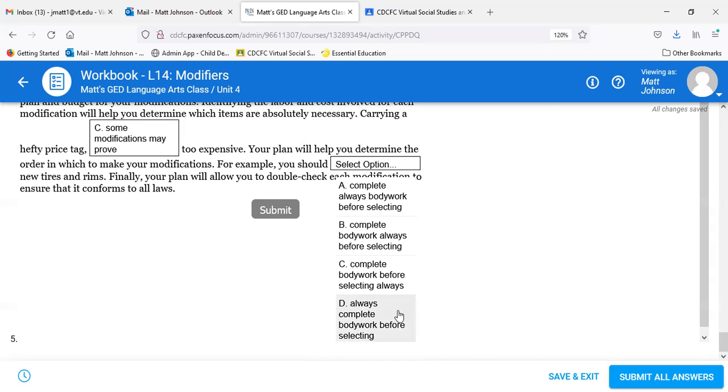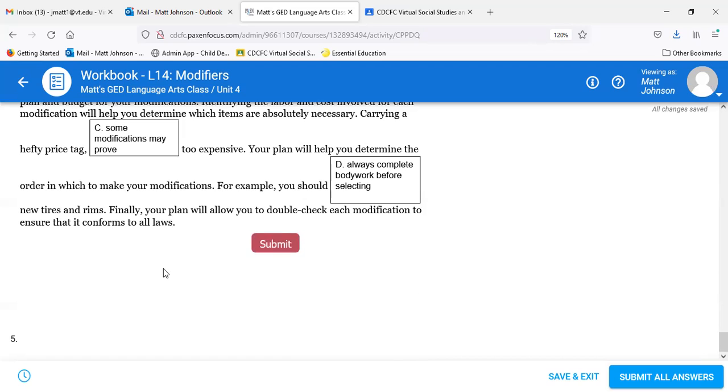D, okay. D is the one there. So always, that's our modifier. For example, you should always complete body work before selecting new tires and rims.